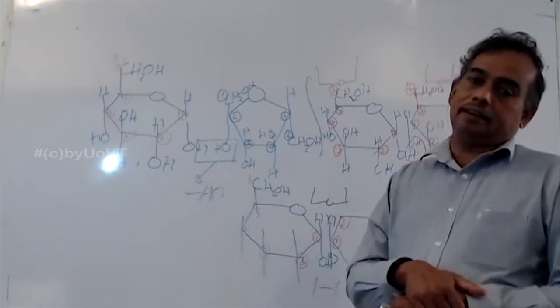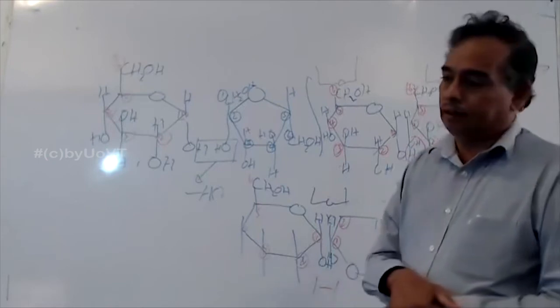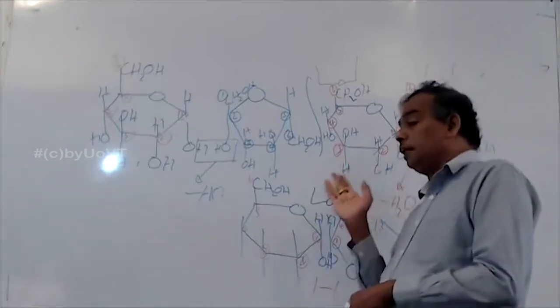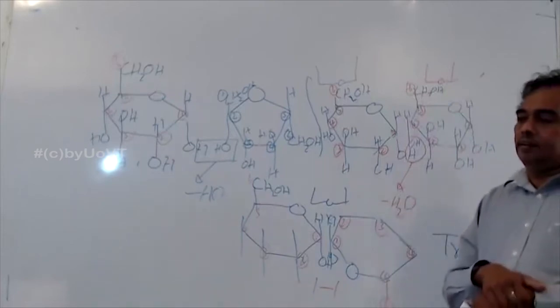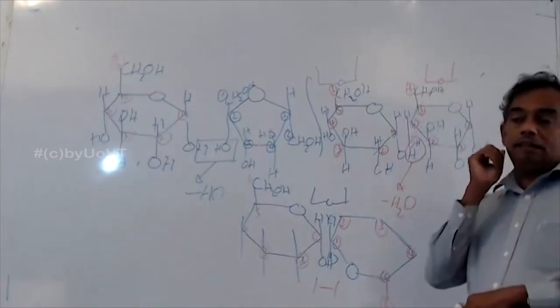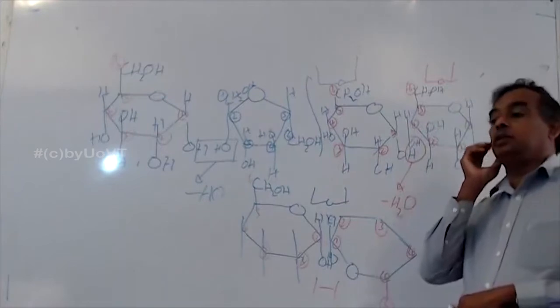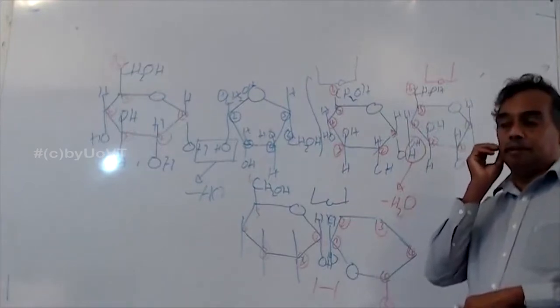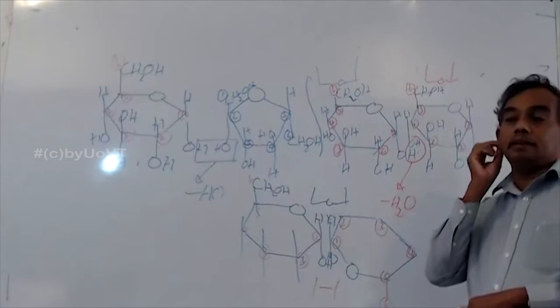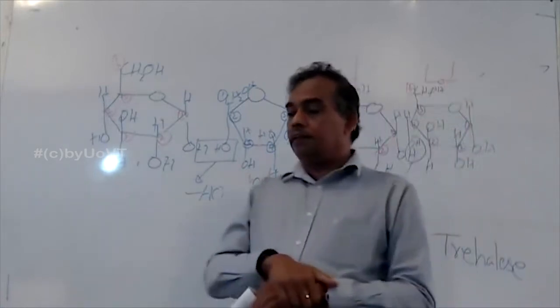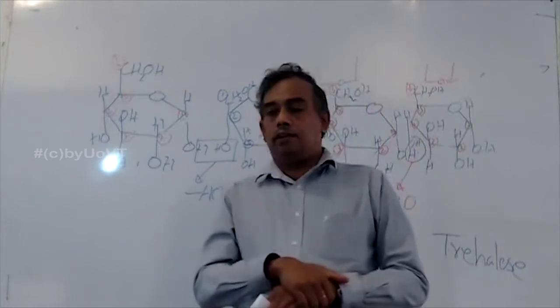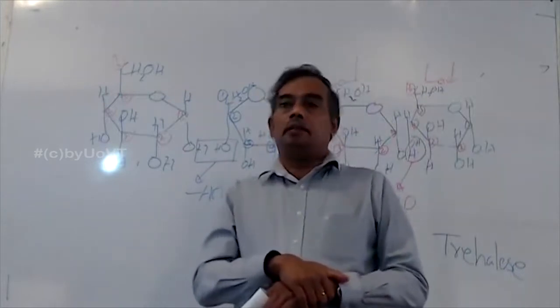So how do you decide those properties with respect to their structures? If I ask for an example of a non-reducing sugar, you may directly answer sucrose. If I ask for a reducing sugar, you may directly give the answer maltose.